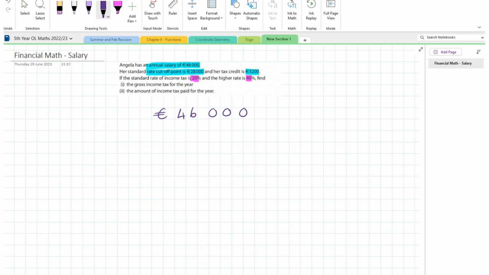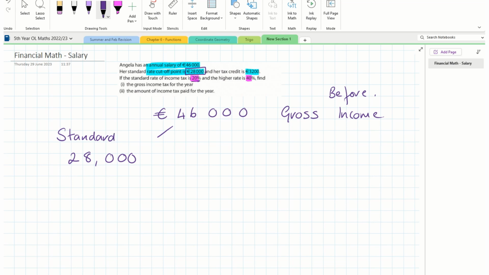So we start off by saying she earns 46,000. That's her gross income. So that's before any deductions. And because she earns more than the standard cut-off rate of 28,000, what we're going to have to do is split her salary. So the 28,000, this is where she's going to pay standard rate of tax.